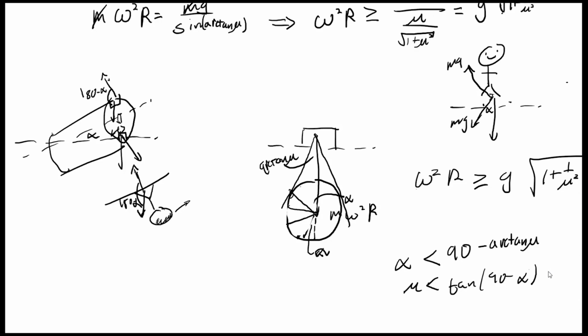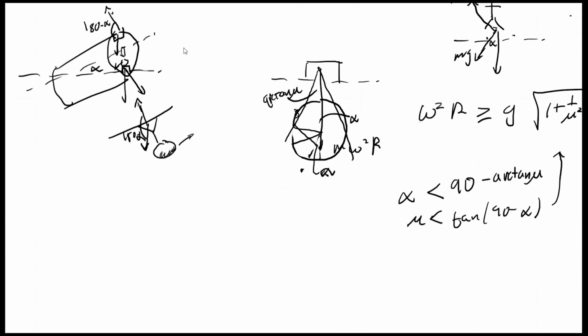So if this is the case, then omega squared r is greater than or equal to this value. However, if it isn't the case, then we can just move it in. And if we move it in here, we can just use law of sines to find the value of omega squared r that is required.